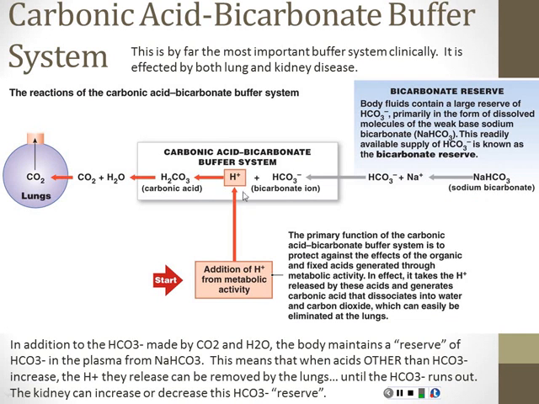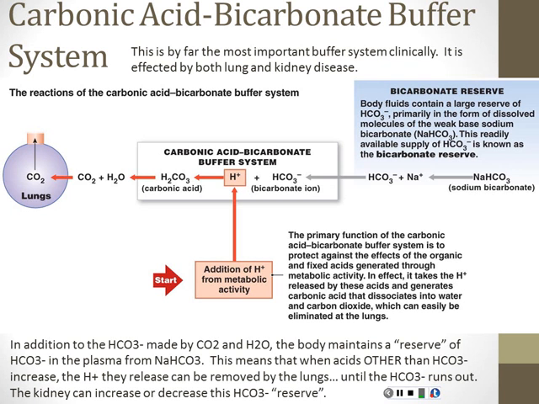So this is what that system looks like. You learned that a buffer was a weak acid and a salt. Well, here H2CO3 breaks down into H plus and HCO3 minus.